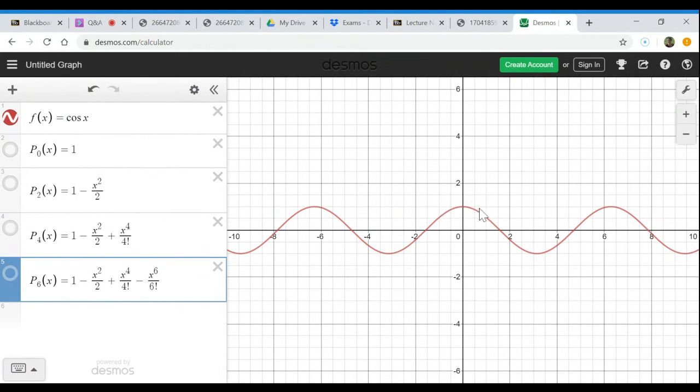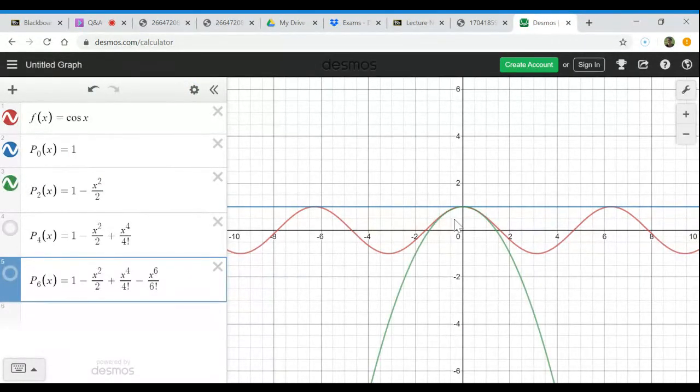If it's centered at 0, our polynomial approximations are going to be most accurate close to 0. Okay, so there's cosine of x. Here's our p0 polynomial. So it does approximate the value of cosine of x fairly well when you're close to 0. You can see that there, but not real well once you get even a little bit away from 0.